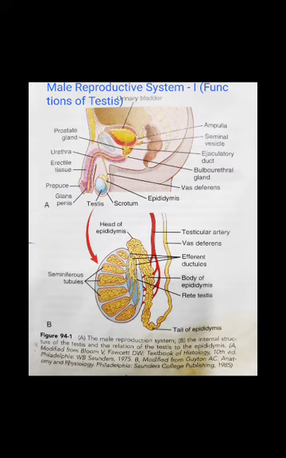Okay. Now, after having a brief idea about the structural aspects of the male reproductive system and testis, we'll further move into the basic functions of testis, and the details of how the functions occur.